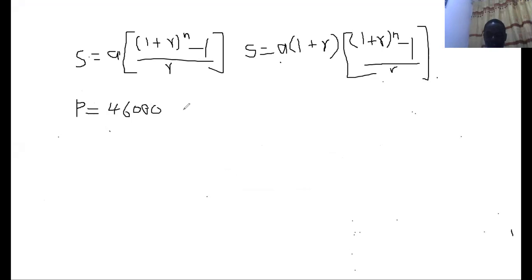Your rate of interest is 15%, so that would be 0.15. And then your duration N is 5 years.